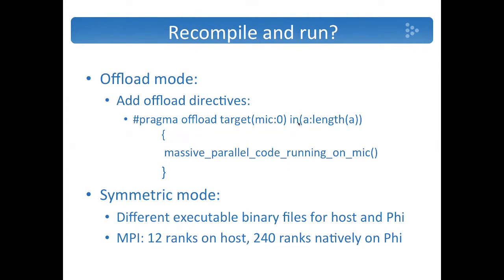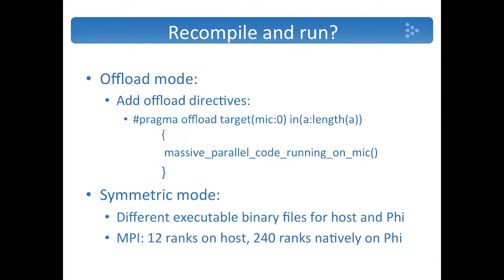to specify the array that you want to put onto the Xeon Phi, and you have to specify the in. That means this memory should go into Xeon Phi, and you can also use out. That means this memory only comes from Xeon Phi to the host machine, and you can combine them like inout.